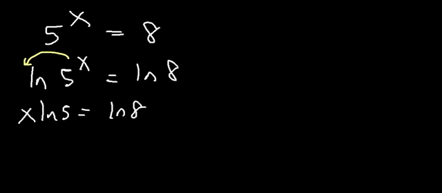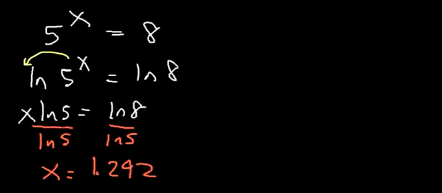Then divide both sides by ln 5. So x is equal to ln 8 divided by ln 5, which is about 1.292.